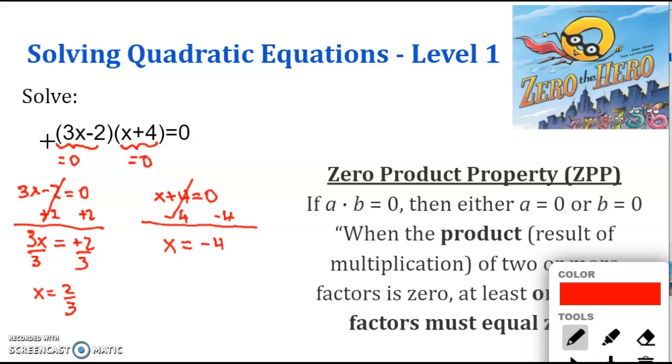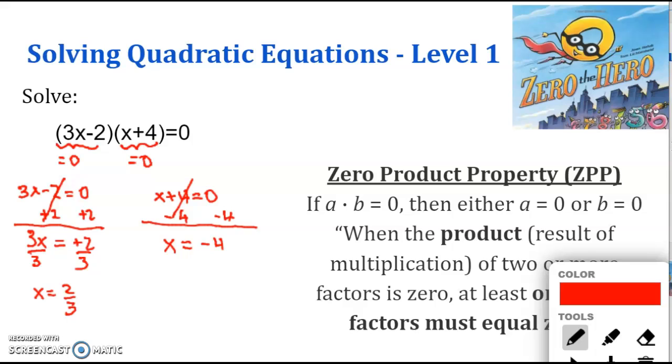Now if I plug these values back into the equation, this is going to hold true, because 2/3 multiplied by 3 is 2, and 2 minus 2 is 0. That holds true when x = 2/3, or when x = negative 4, since negative 4 plus 4 is 0. 0 multiplied by anything is 0, it does not matter what the other part is. So it is satisfied: x = 2/3 and x = negative 4.